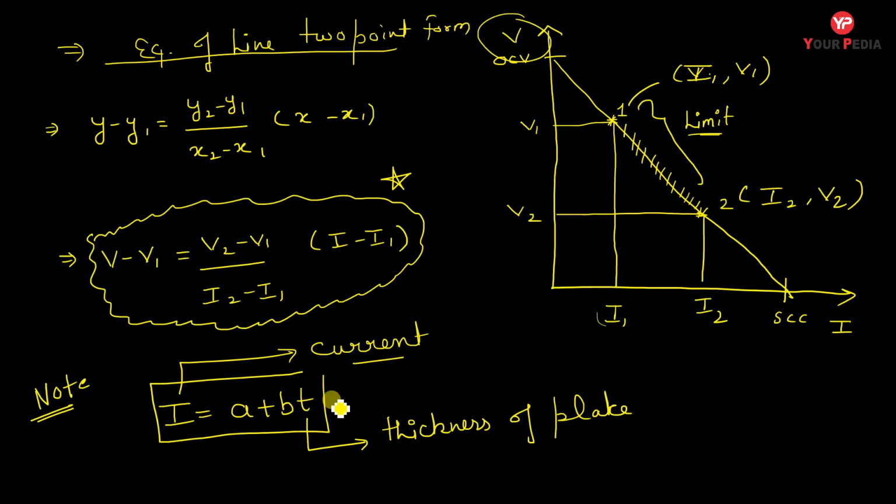If the thickness of plate increases, then we have to increase the supply current to get the welding. This is common sense: if the thickness of plate increases, we require a higher metal deposition rate, and for that we require higher current. A question or numerical can be asked from this equation. So friends, this is all about the mathematical analysis of arc welding.